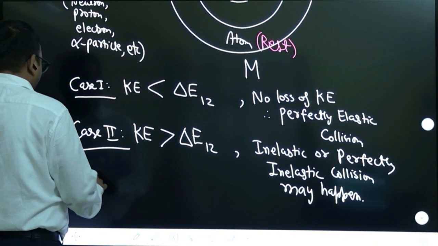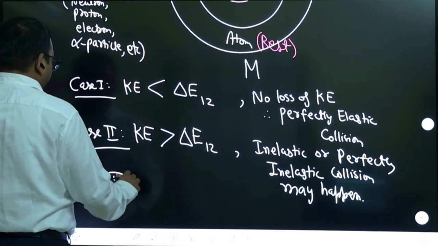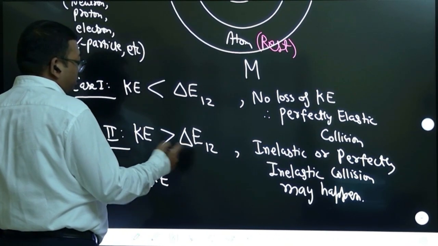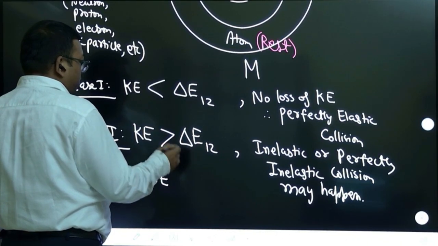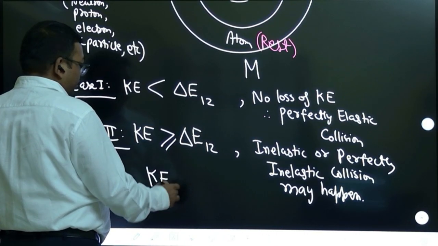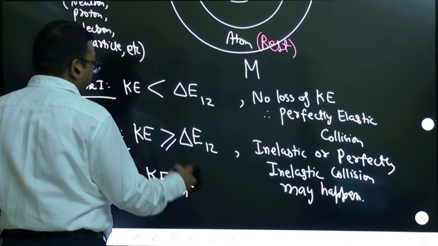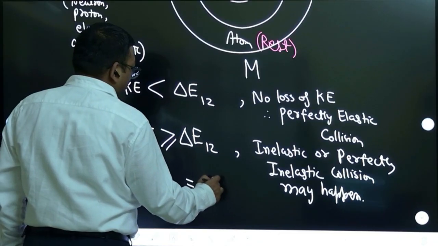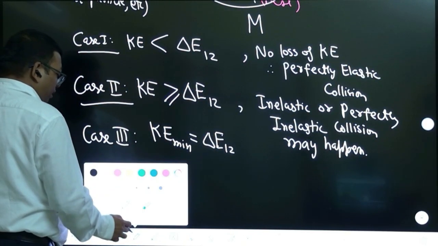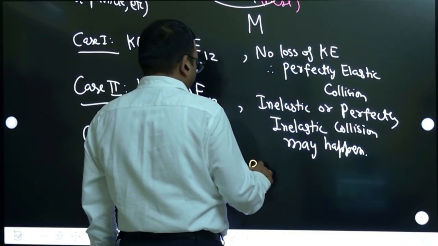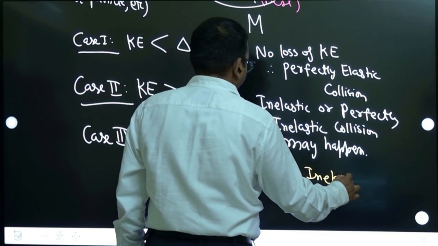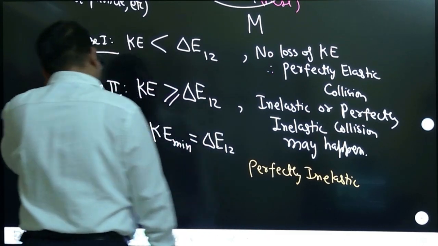And case 3, we can calculate for perfectly inelastic collision. Assume the kinetic energy, if we apply the equality condition here, then it is also possible. So if we now talk about the minimum kinetic energy, the equality condition we will apply separately. In an equality condition, we can say this is perfectly inelastic.